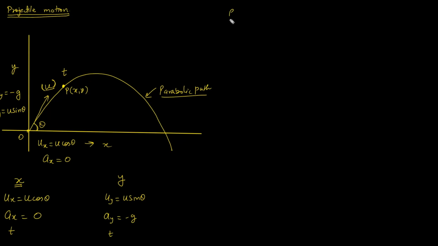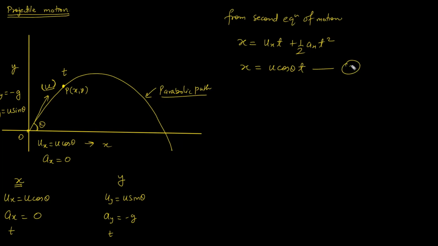So from the second equation of motion, I can simply say x equals uxt plus half of ax into t square. Now ux is u cos theta, time is t, and ax is 0, so the rest of the equation will be 0.